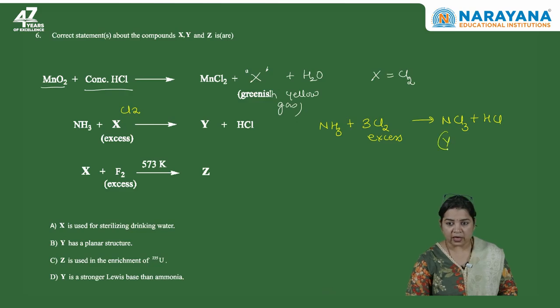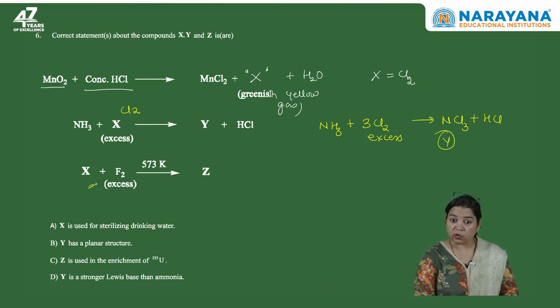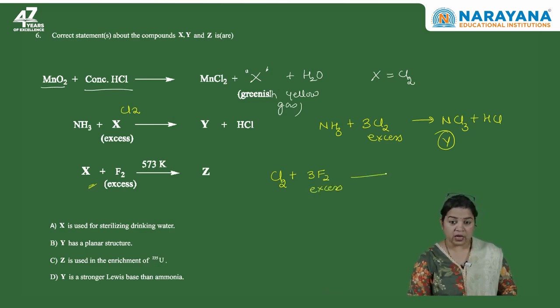Now what was X? Going back to here, X is chlorine. So now again from the NCERT interhalogen subtopic, you will find chlorine plus fluorine, if taken in excess, 3F2, considering excess as mentioned in the question.